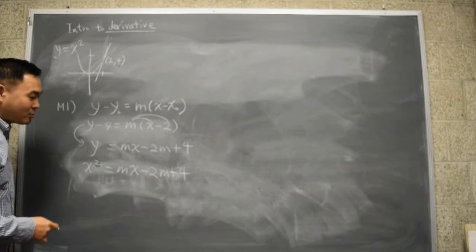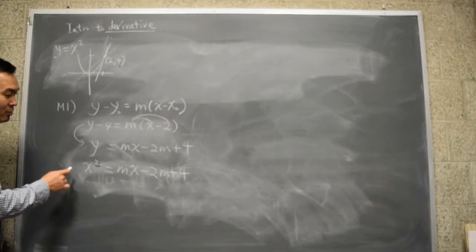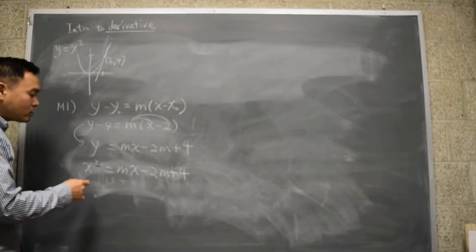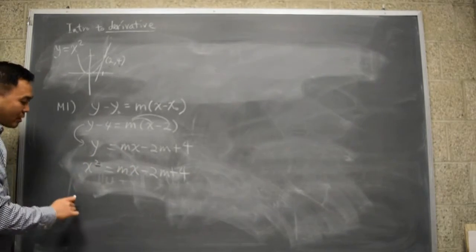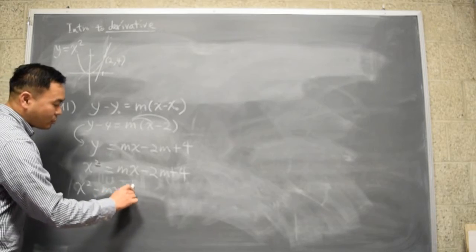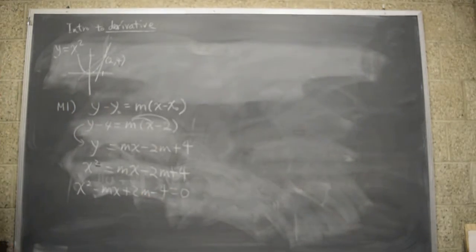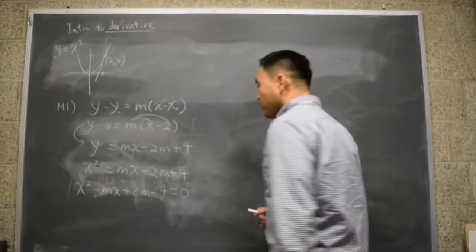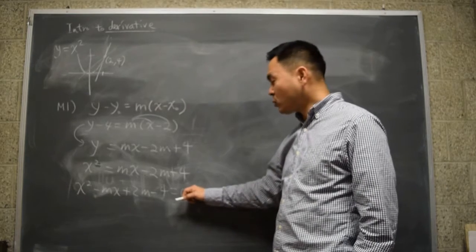Okay, let's try to solve this. We have to find the intersection point, so we have to solve this for x. Since this is a quadratic equation, we should move everything to the left. So we have x squared minus mx plus 2m minus 4 equal to 0. Okay. How do you solve a quadratic equation?